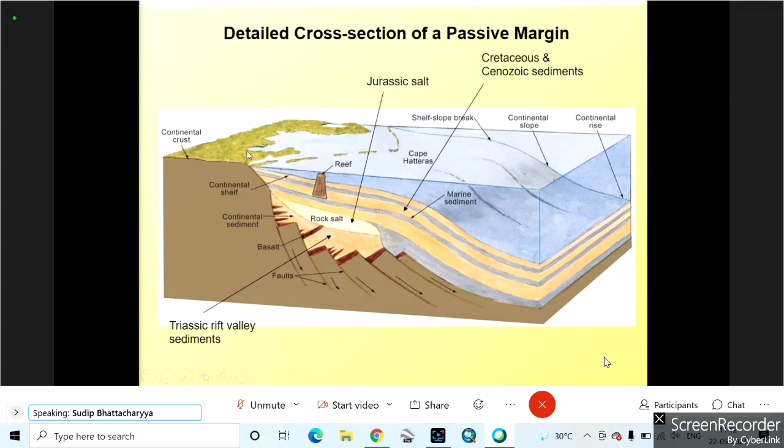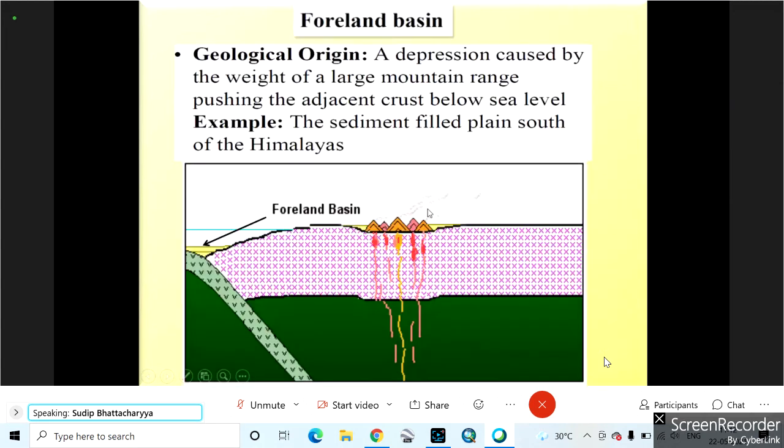All these things may be accumulated over these areas only, and there may be prolific hydrocarbon potentiality in these passive margin areas. So this is very important in that respect.